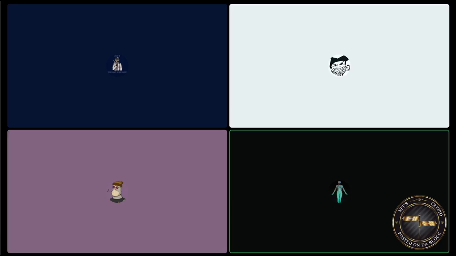Pretty much all these metaverses: Decentraland got Mana, Sandbox got Sand, and Zed Run got the Zed token. Look into them, see how the ecosystems work. Look at their white paper. Honestly, read the white paper. If you get into a project and haven't read the white paper, that's on you, bro.